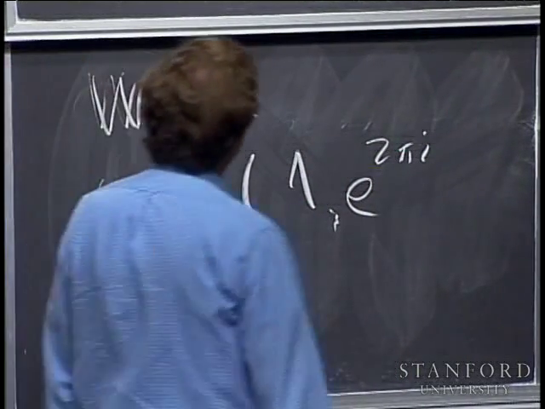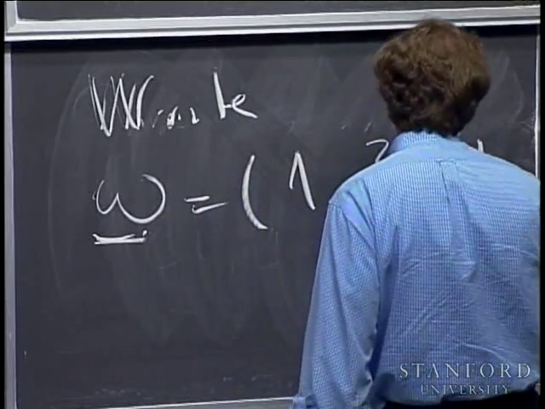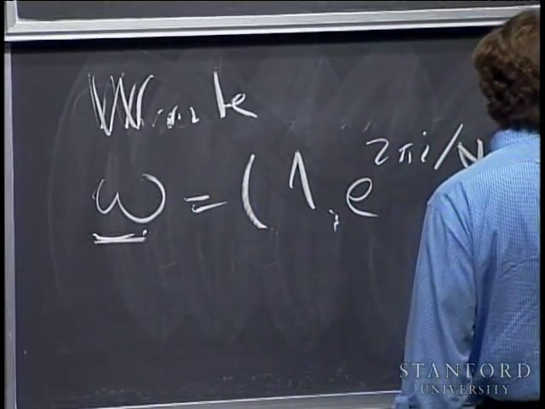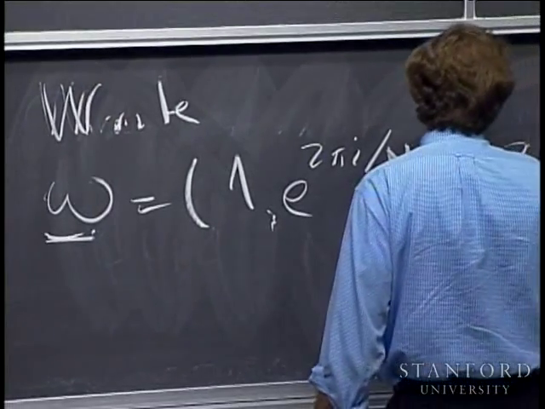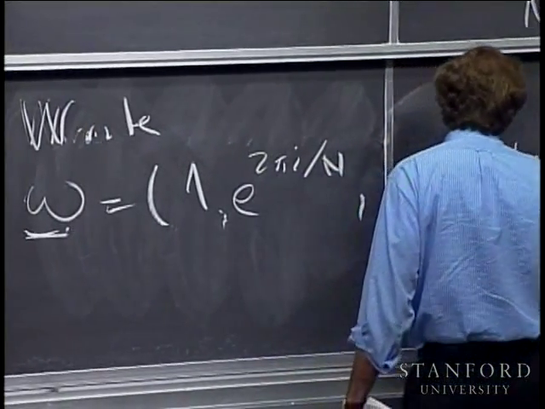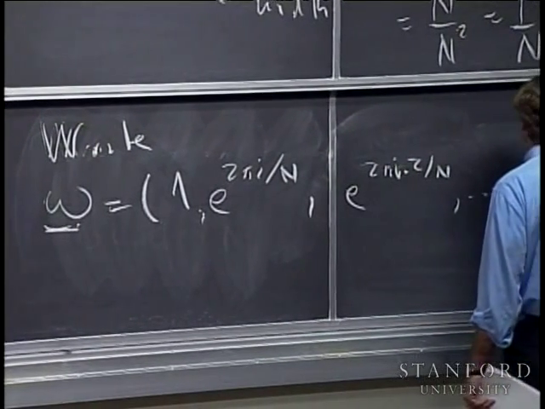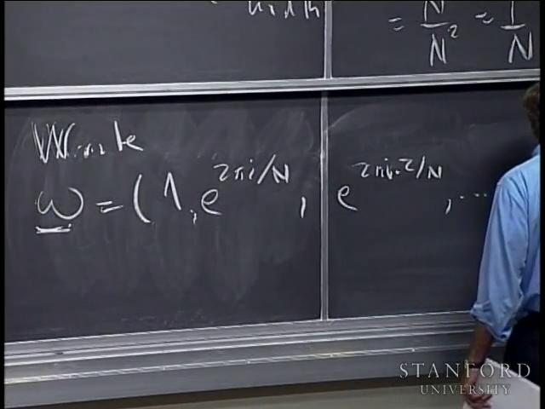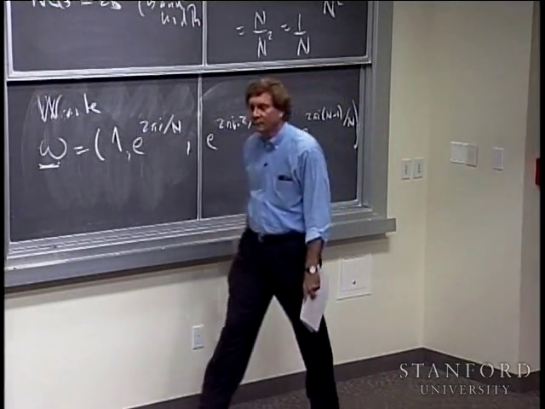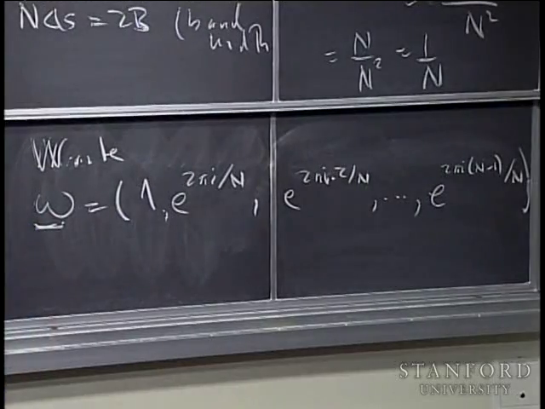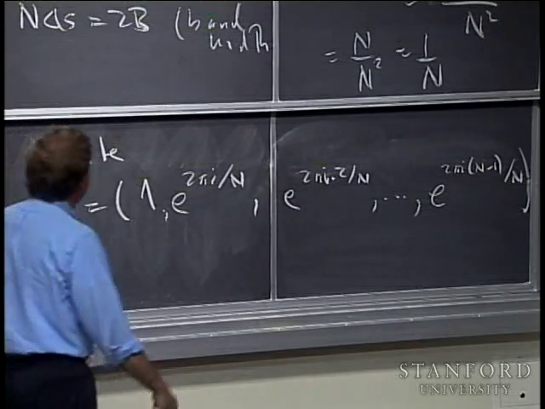E to the 2 pi i times 2 over N, and so on, all the way up to the final term. The last term is e to the 2 pi i (N minus 1) over N. That's the basic vector or discrete complex exponential.